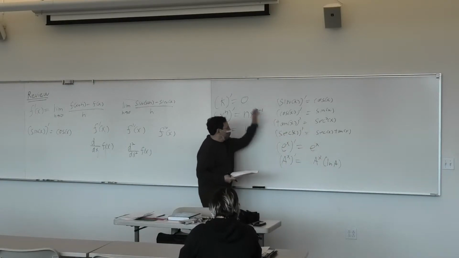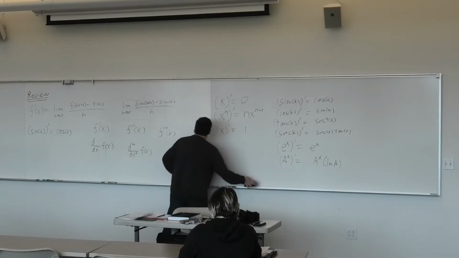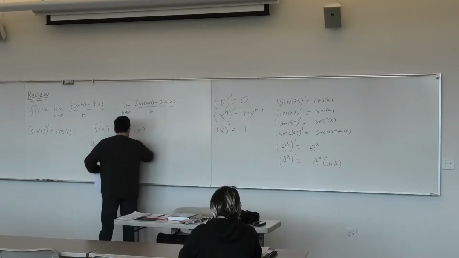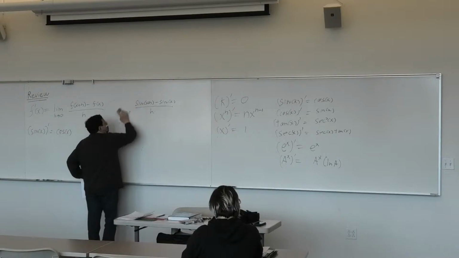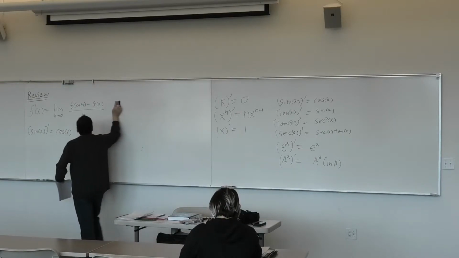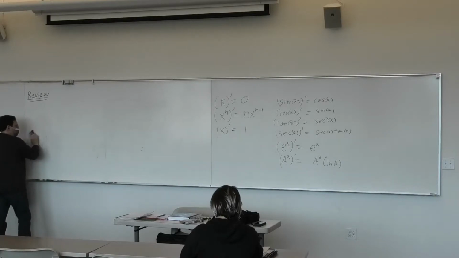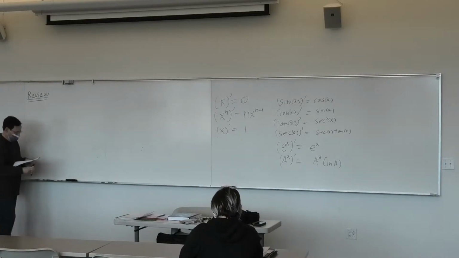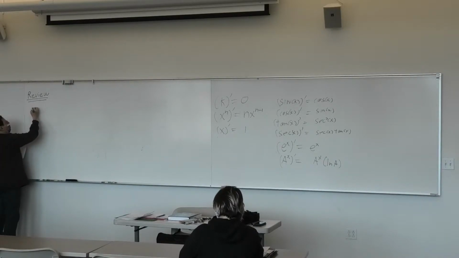So these are some basic derivatives you should know, should be able to apply. We also have a number of rules that can help us find a derivative of a more complicated function. Most basic would be the sum rule.